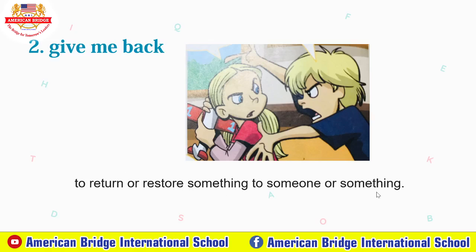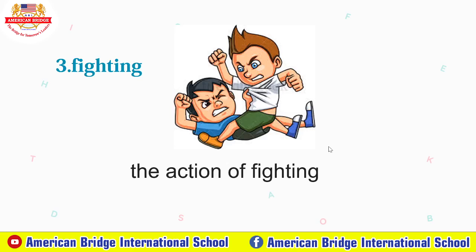It means you need to give that thing back to that person, the owner. Okay, now let's move to number 3. Number 3 is fighting. Fighting is the action of fighting, right? You can see in this picture that they are fighting.